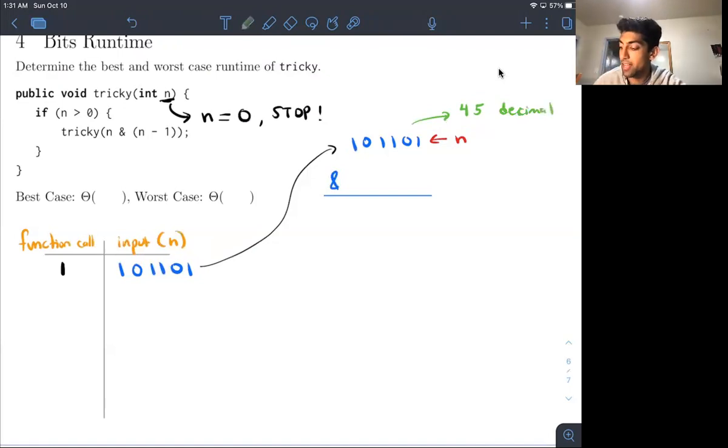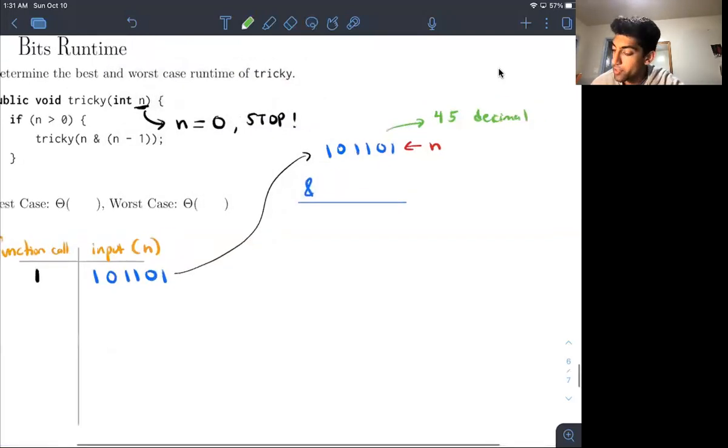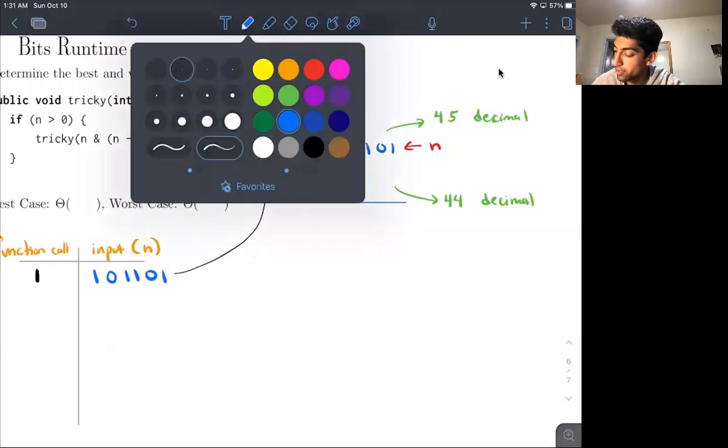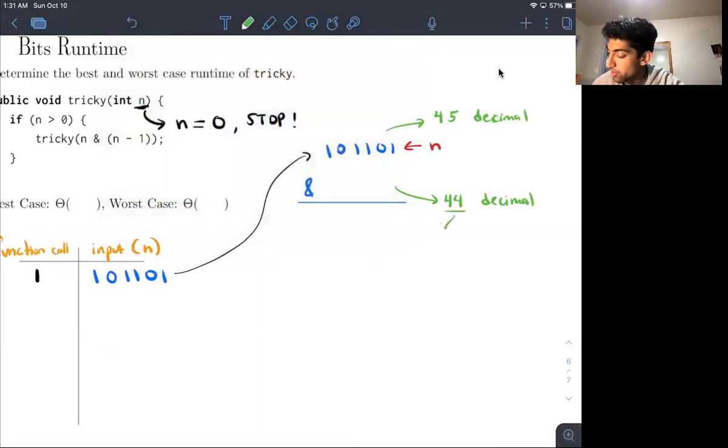Okay, so if I'm looking at n minus 1, right, n minus 1 is going to be 44 in decimal, right? Which means I can get to 44 by doing, let's look at this, 32 plus, I can't do 16, I can do 8, plus 4, that's it, right?